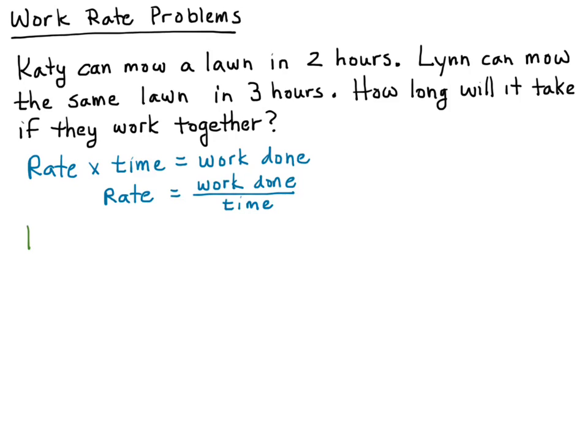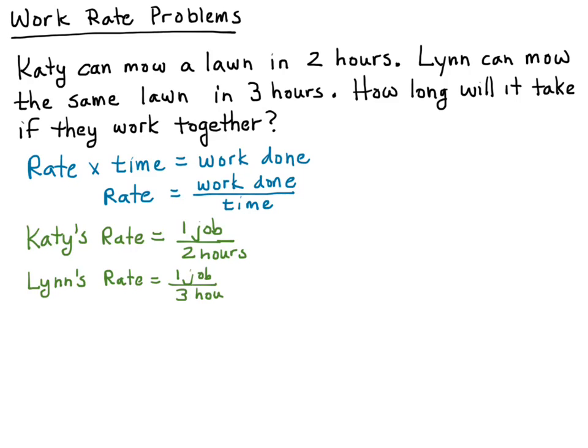So let's look at Katie's rate. Katie is going to do one job in 2 hours, or she's going to do half a job per hour, right? So think in terms of rates rather than the amount of time that it takes her to do it. So then what we don't know is Lynn's rate. Oh yeah, we do. It's one job in 3 hours, so it's 1/3 of a job per hour.